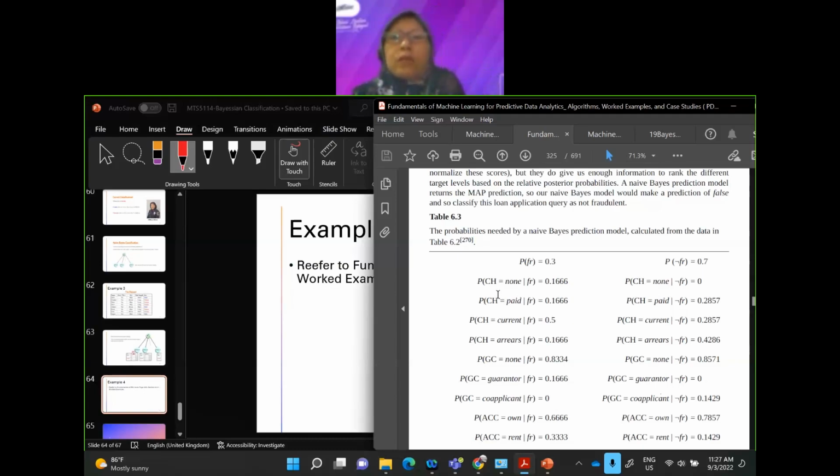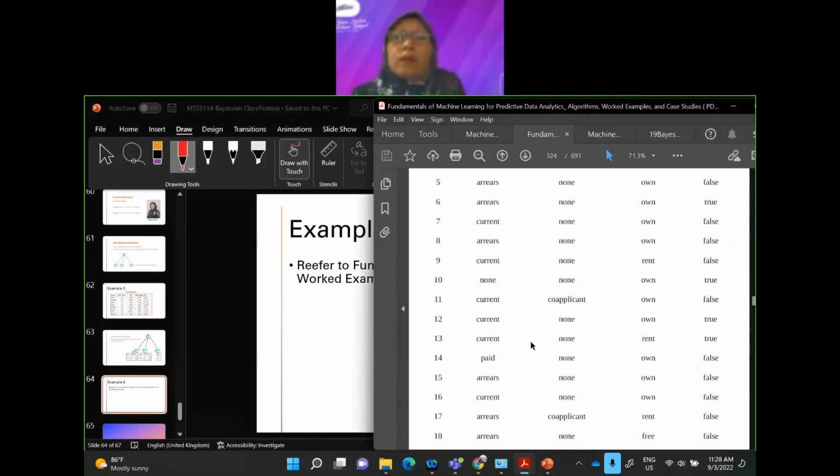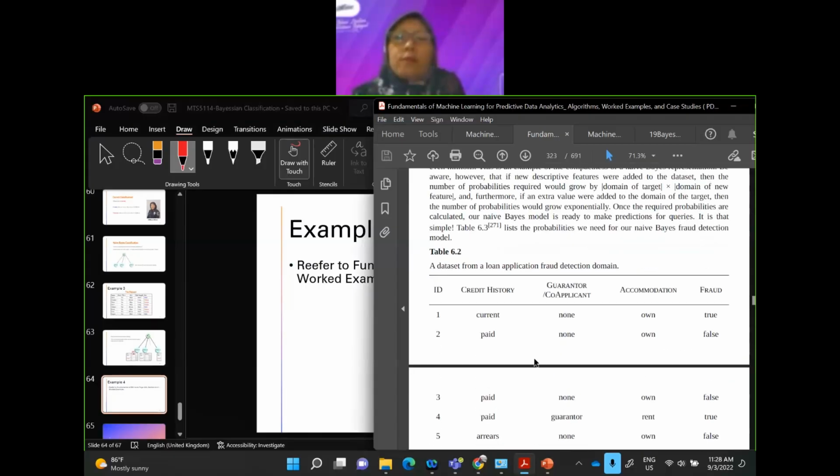So look here. For each condition we compute, like this one, CH none and fraud, CS paid and fraud, for all of them, because here we have some values for this one, right? For instance, credit history, CH here.